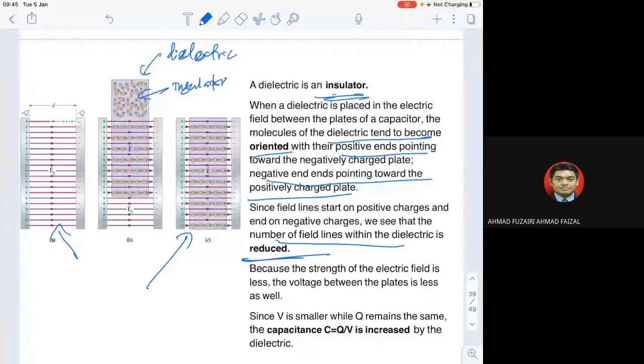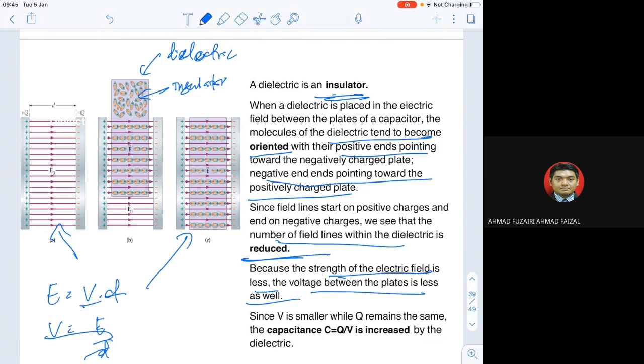Because of that, the strength of the electric field is less and the voltage between the plates is less as well. So the voltage will be reduced because the electric field is reduced. Because we know that E is equivalent to V over D, or V equals E times D. Sorry if I missed.